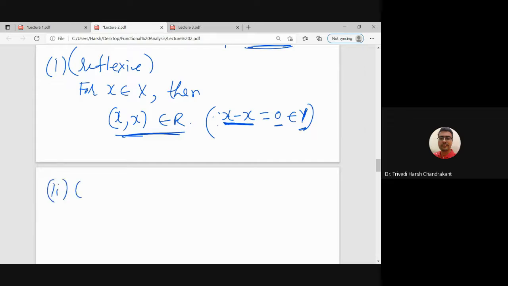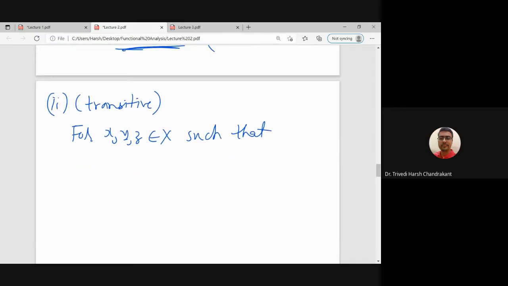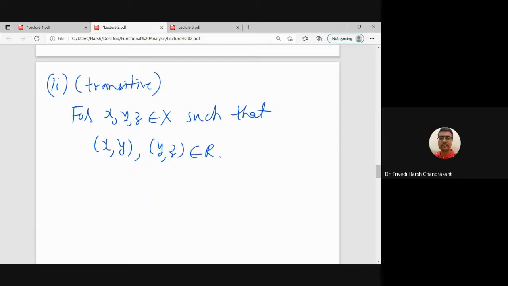Let us check the transitivity. For transitivity, we need to take three elements x, y, z belonging to X, such that (x, y) and (y, z) belong to R. Right. So what does this mean?